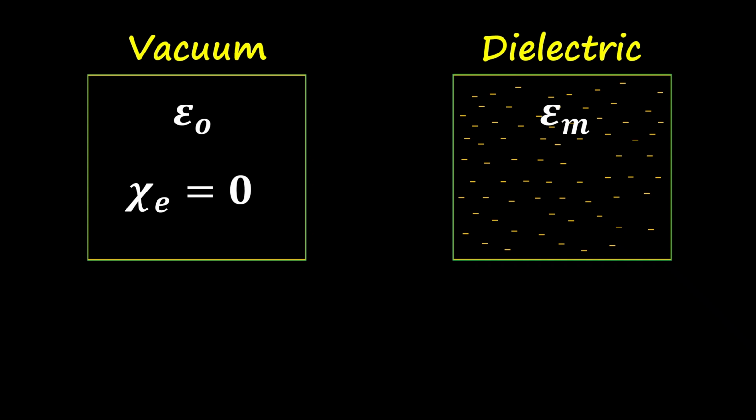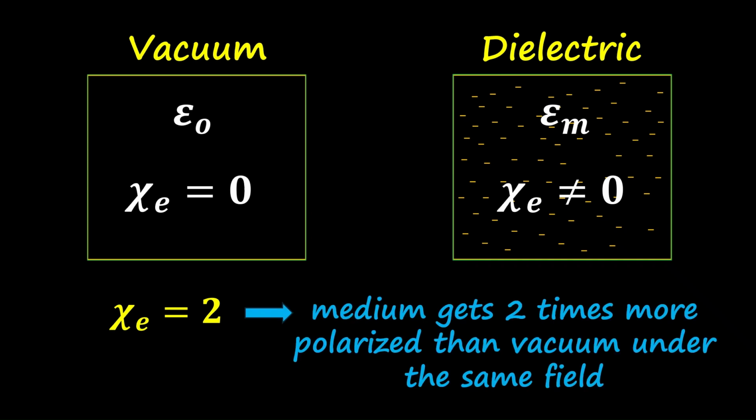But in the case of a dielectric, polarization will happen, so the susceptibility will be non-zero. And suppose this dielectric medium has a susceptibility value of 2, then we can say that this dielectric medium gets 2 times more polarized than vacuum under the same field, because vacuum has a susceptibility of 0, so we can take that 0 value as the reference.